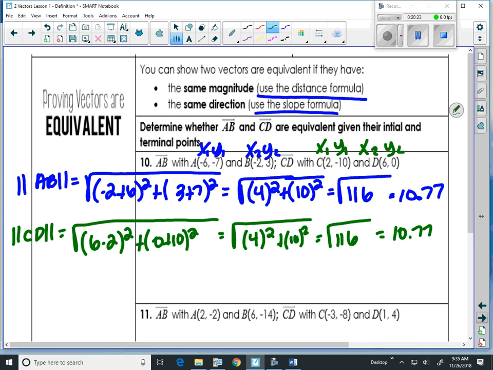Okay, I'm getting the same magnitude. Okay? Questions on getting that magnitude? Any issues?